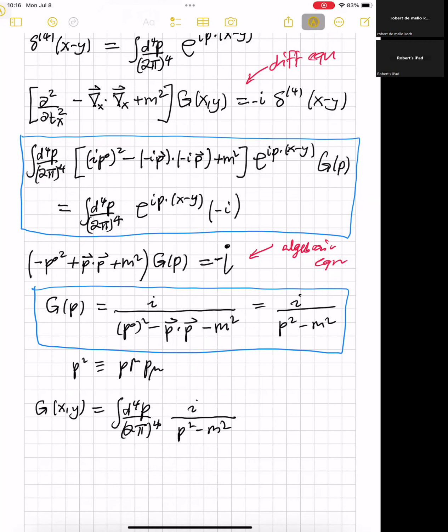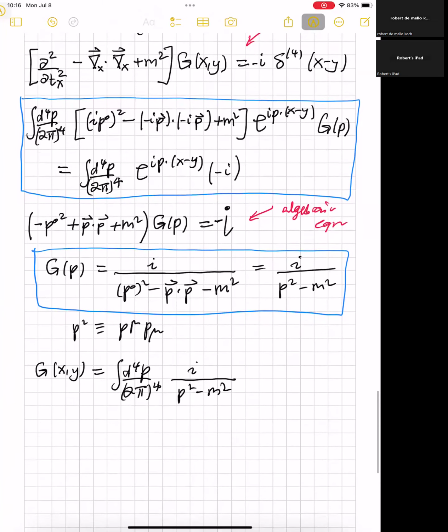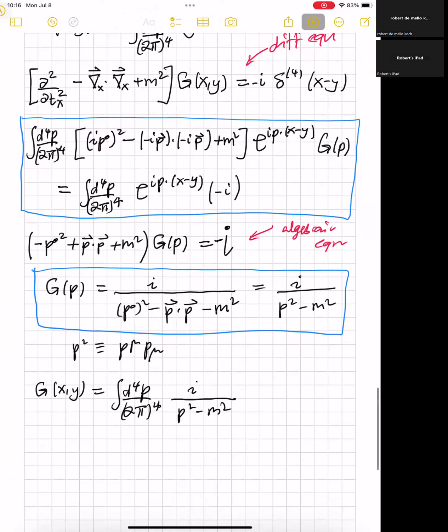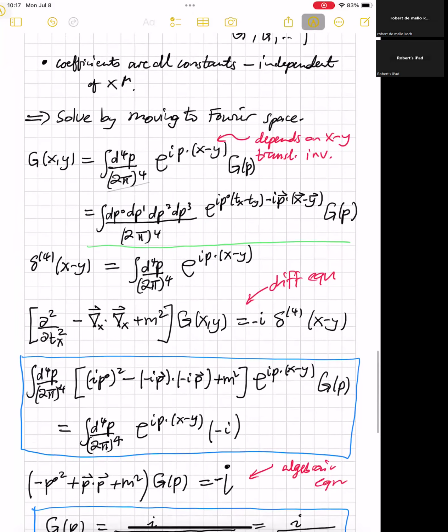So great, we've solved our differential equation. Now, there is something that I'd like to prove now. Oh, sorry. What am I doing? We also need the e to the i p dot x minus y. There we are. Good. Okay. And I just took our Fourier representation and plugged in what g of p is.